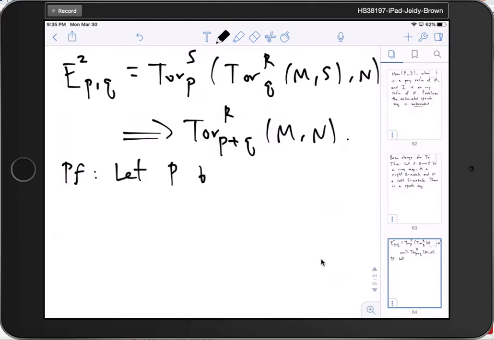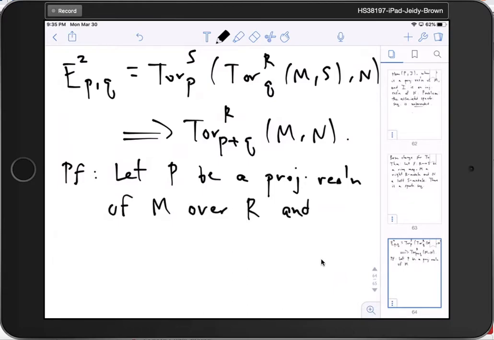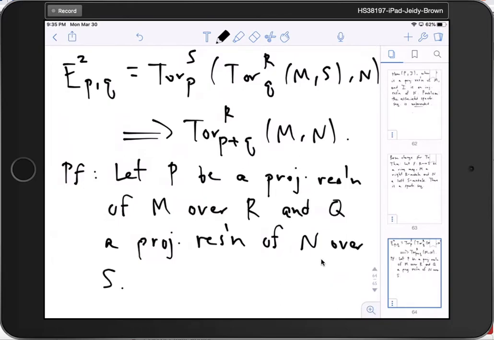So let P be a projective resolution of M over R, and Q a projective resolution of N over S. Then we'll form a bicomplex that underlies the tensor product of P and Q, just like with the balancing of Tor argument.